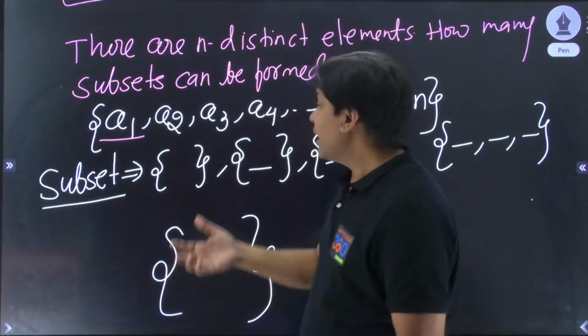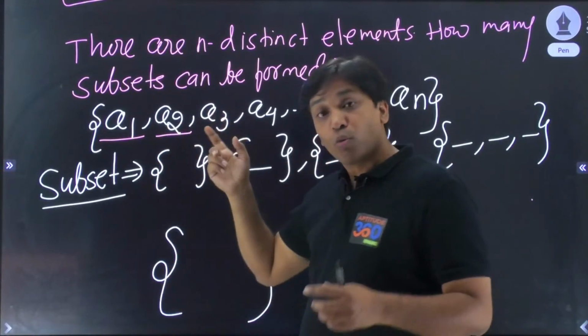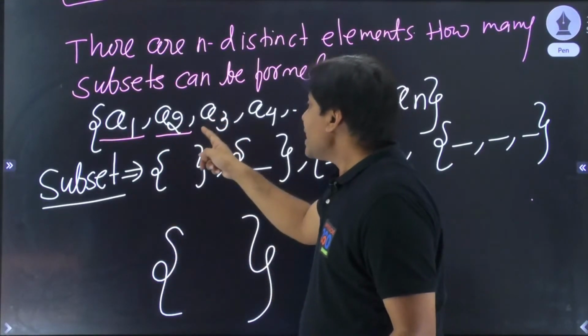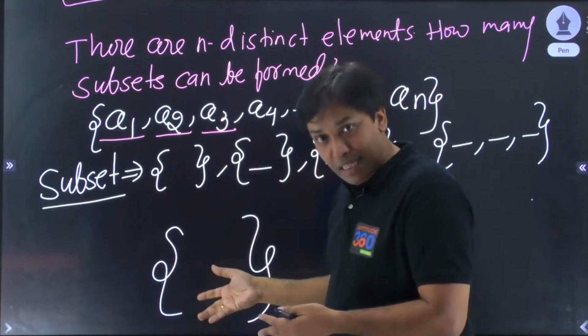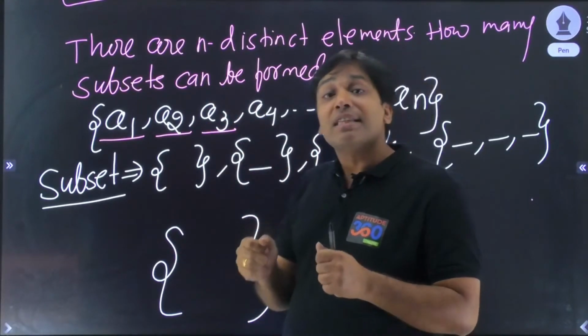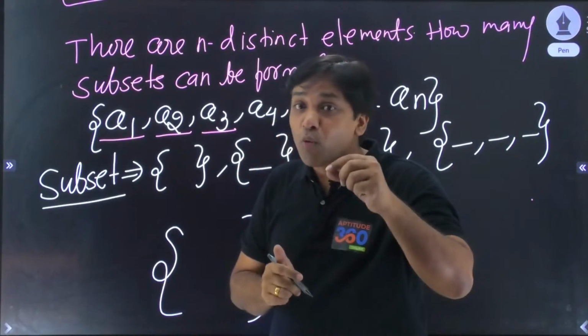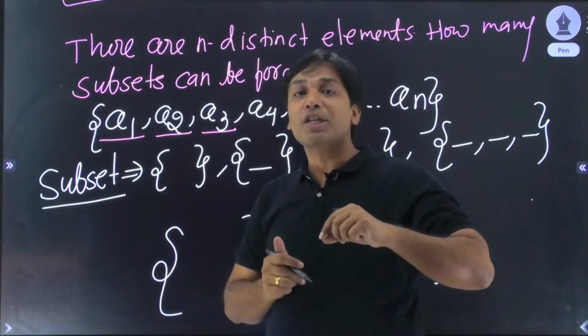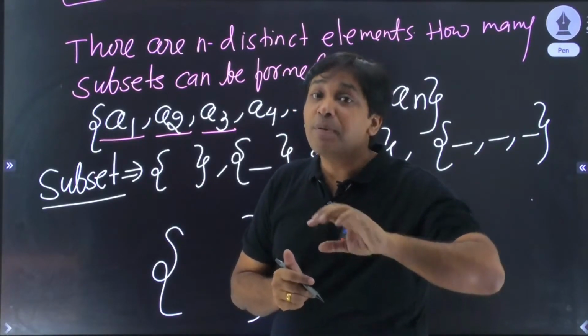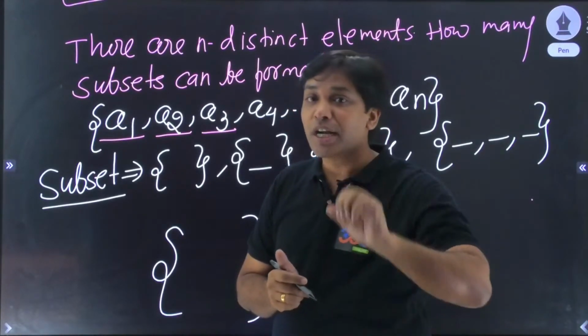Are you understanding? And then I'm going to ask A2 also, will you be part of my subset? A3, will you be part of my subset? Isn't it? अब A1 कितने तरीके से इसको आंसर कर सकता है? A1 can answer in 2 ways. Either A1 will be accepting my invitation or A1 will be rejecting my invitation. Are you understanding what I'm talking about?